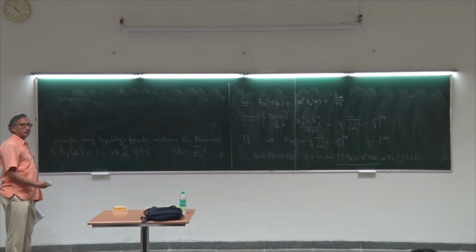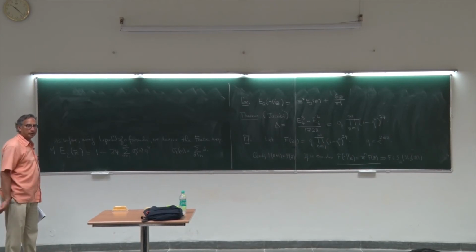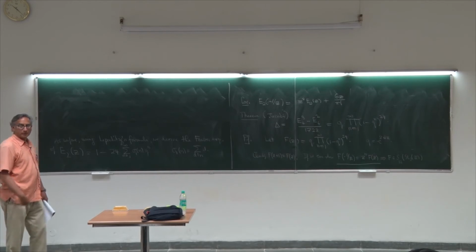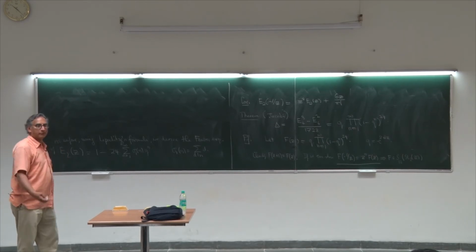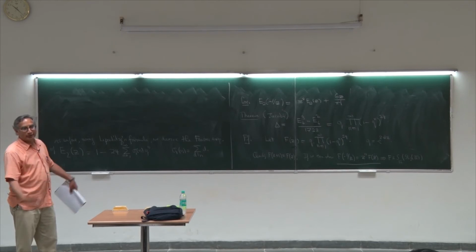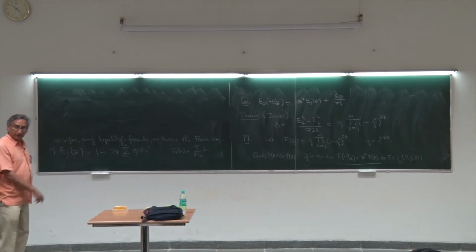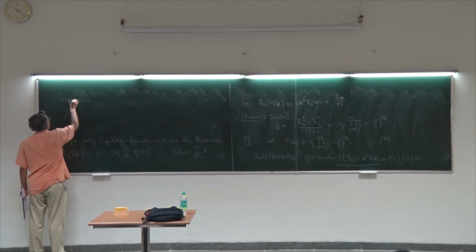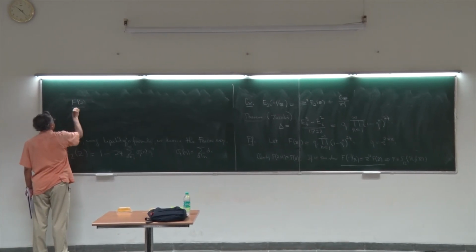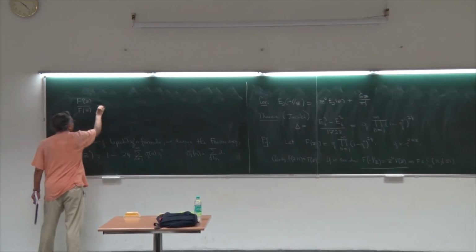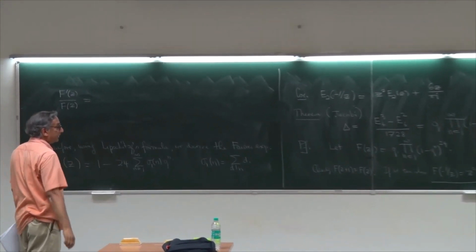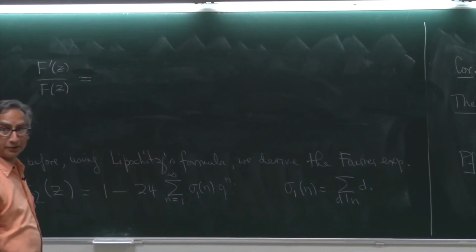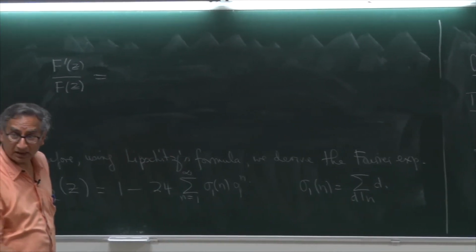In the process of logarithmic differentiation, you don't have to worry about whether you can take logs or not, because logarithmic differentiation just basically means f prime over f, for which you don't need to discuss whether the log is defined or not. So f prime over f. Although in this case we can see that the product doesn't vanish because we're sitting in the upper half plane, but that's a minor point.